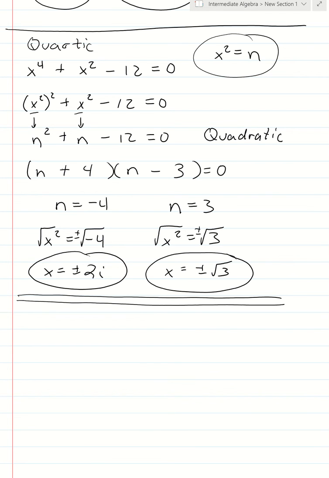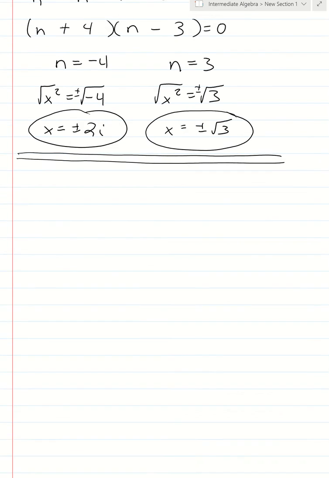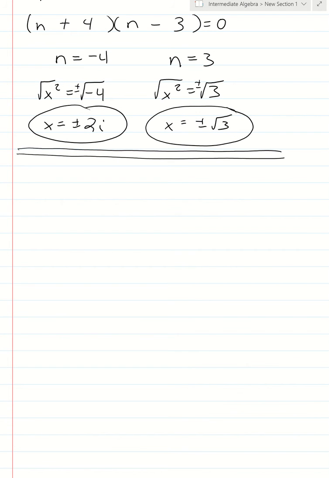Let's take a look at something just a little bit different. Same concept though, where once again we're going to turn an equation into a quadratic equation. And so let's say we have the following. x to the 2/3 power plus x to the 1/3 power minus 6 equals 0.